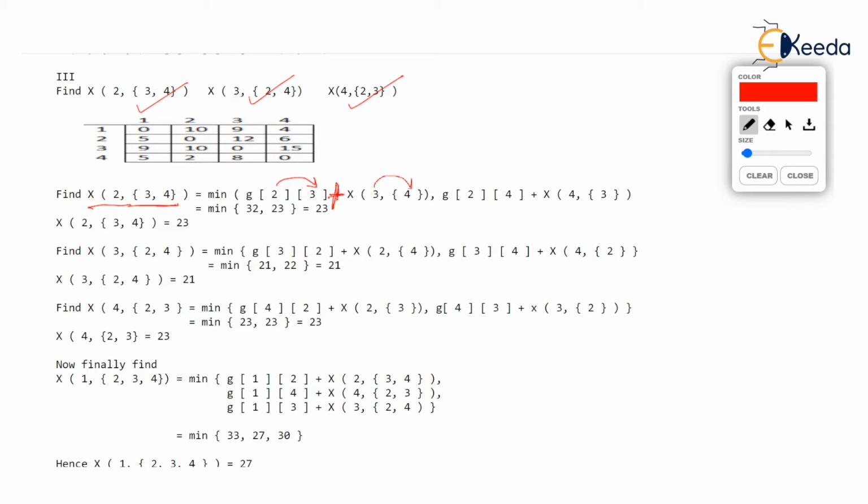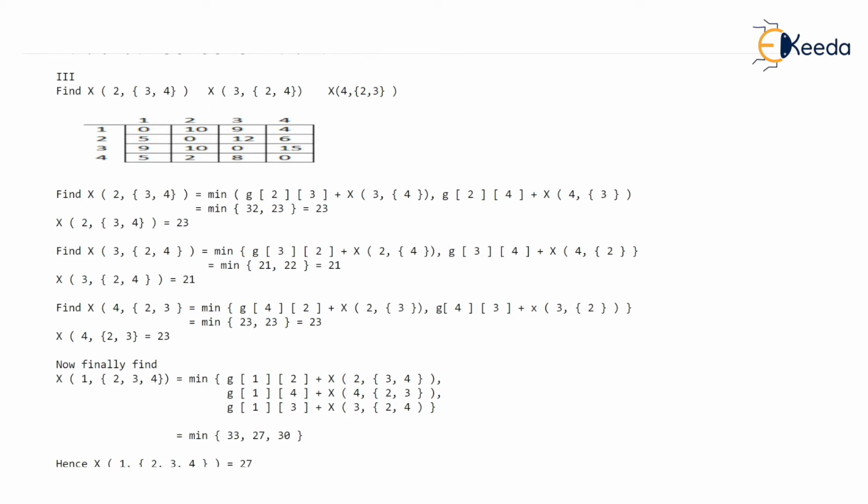But that 3 to 4 and 4 to 1 is given by x34. This is one way. Or you can go from 2 to 4, isn't it? Instead of going from 2 to 3, you can start your travel from 2 to 4. If you go from 2 to 4, then you can go from 4 to 3 and back to 1. But this x43 has been found in the earlier pass. So these values I have referred and I have written it.